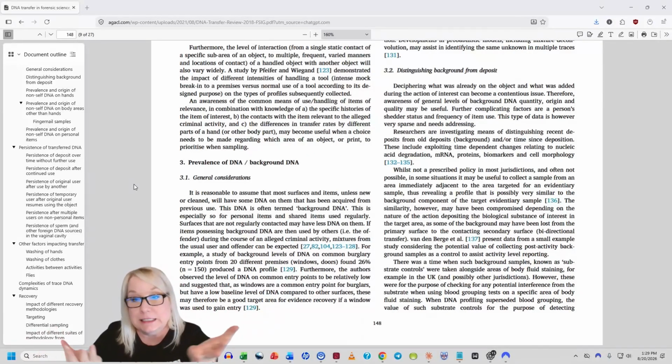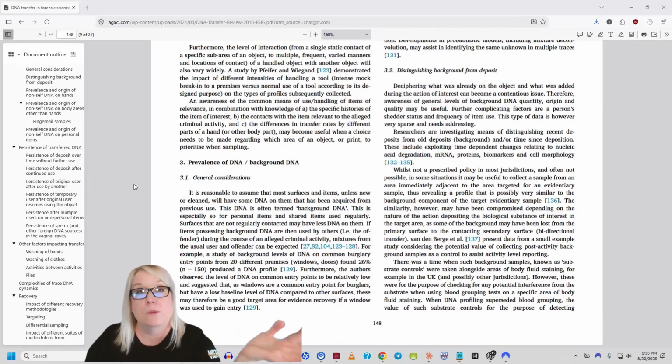Did I not just say that? To assist activity level reporting. There was a time when such background samples, oh my God, known as substrate controls, were taken alongside areas of body fluid staining, for example, in the UK and possibly other jurisdictions. Go figure. There was a better way that we used to do it, and we're not doing that now.